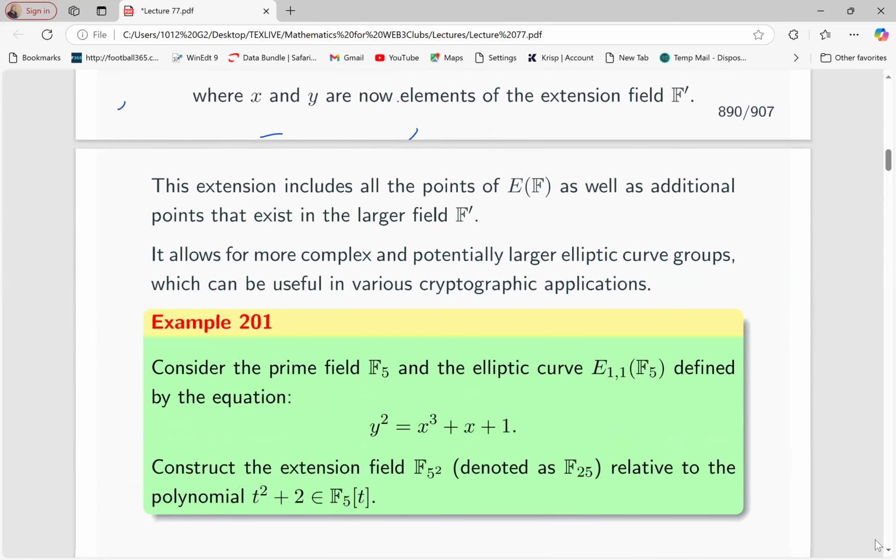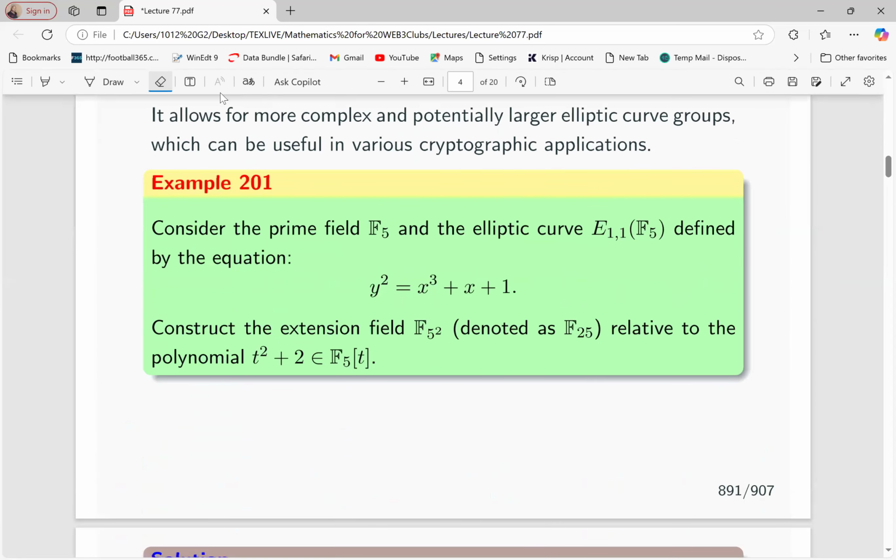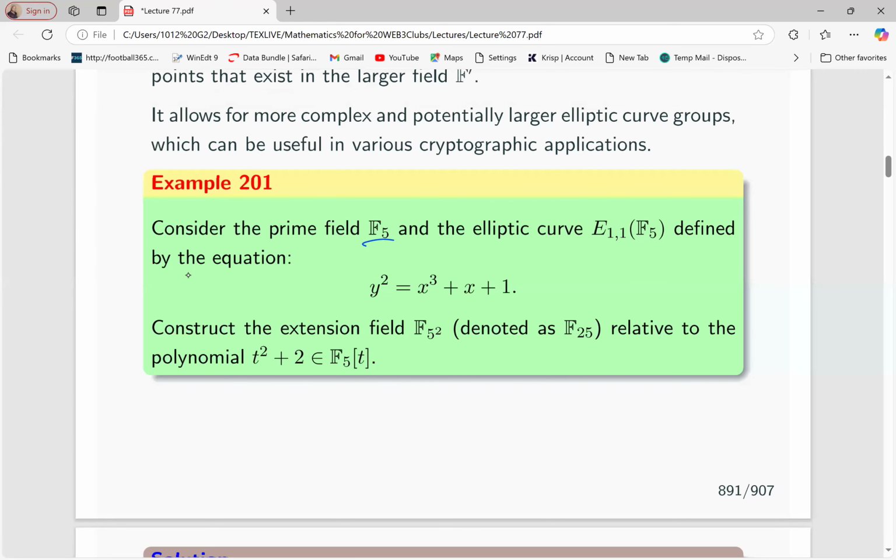Now let's look at this example. Consider this field F5, and the elliptic curve is this, or the one I've been explaining. Construct the extension F5 raised to 2, which we can easily write as F25. And I've wanted to use this polynomial.